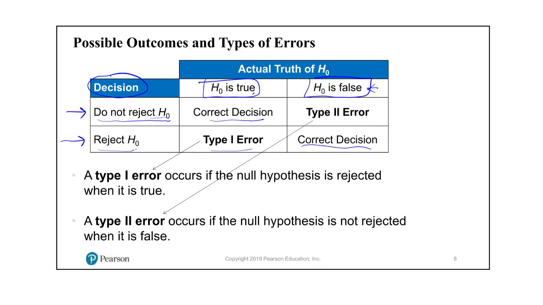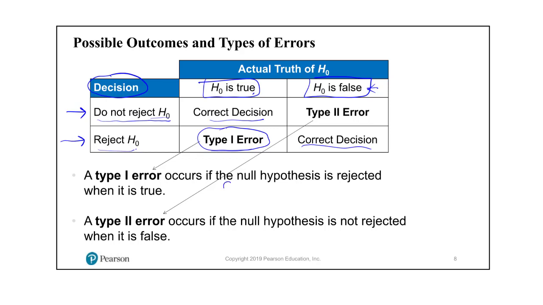So let's go a little deeper. A type 1 error occurs if the null hypothesis is rejected when it's true. You rejected it, but it was actually true. And that's a type of error. You made the wrong decision because you rejected it, but you shouldn't have because it was true. That's a type 1 error.